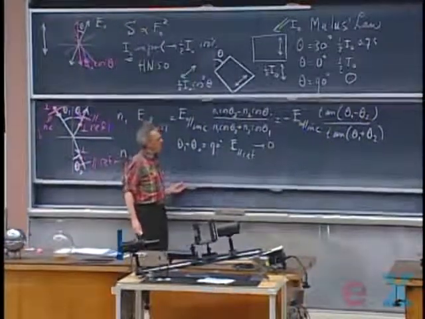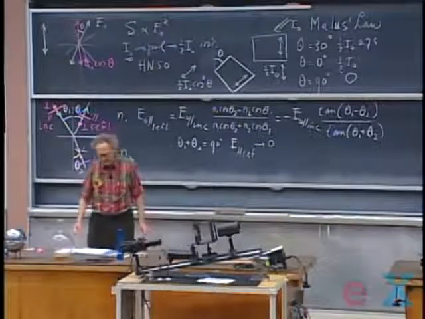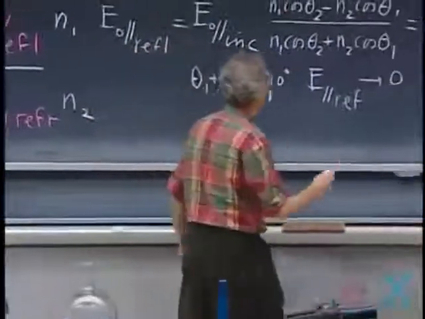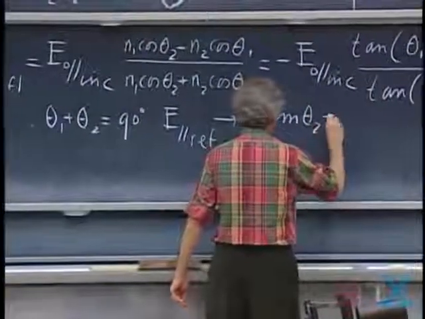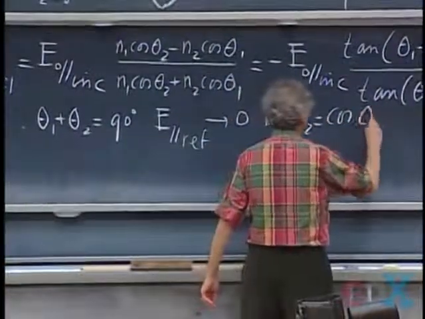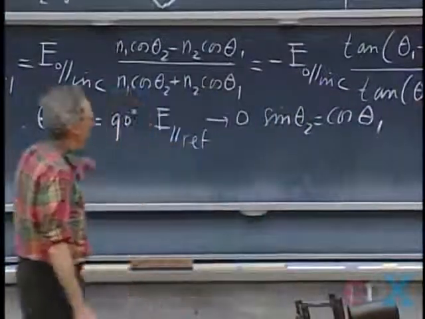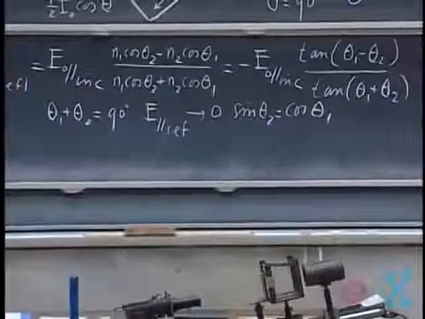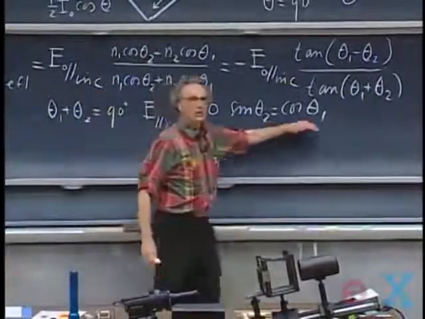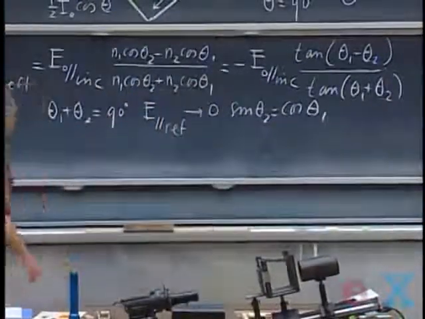If this condition is met, that theta 1 plus theta 2 is 90 degrees, then it follows from high school maths that the sine of theta 2 is then the cosine of theta 1. That's immediately obvious, right? You remember the triangle. Theta 1 plus theta 2 is 90 degrees. The sine of one angle is the cosine of the other.